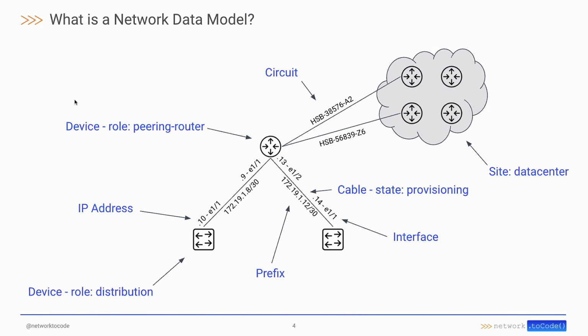So we've got obviously devices and IP addresses, but perhaps less obvious things that we're also trying to model, like the cable connections that exist between two interfaces that form a peering, circuits, and then also more metadata things like what is the role of a device, what is the role of an interface within the context of our network. So that's what we're really trying to do, is take the network that we've got out there and model it so that we can start manipulating that data and represent that data in terms of our source of truth so that we can automate with it.